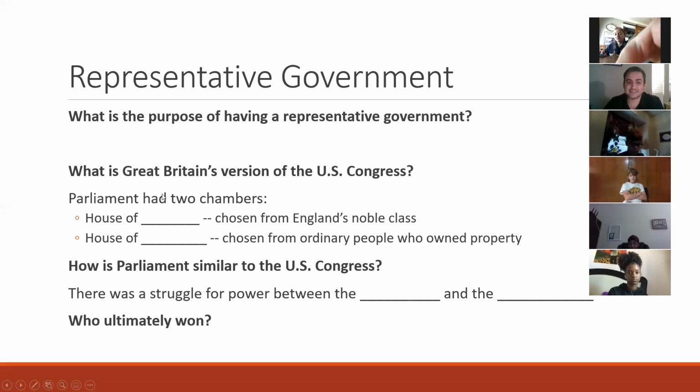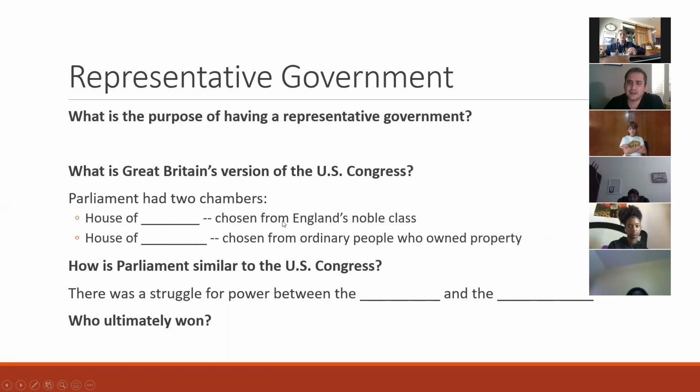Nice. It's the Senate, because when you hear House of Lords, does that seem pretty high and mighty? Pretty prestigious? Yeah. In the US, the Senate is the more prestigious part of Congress.